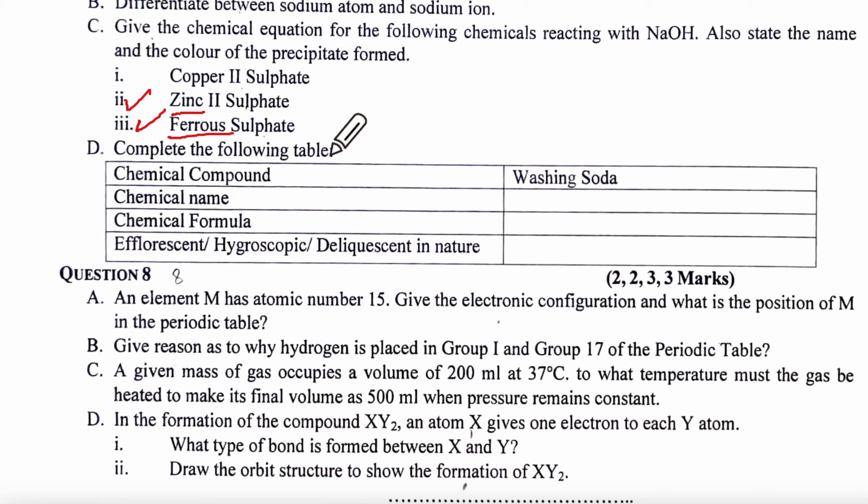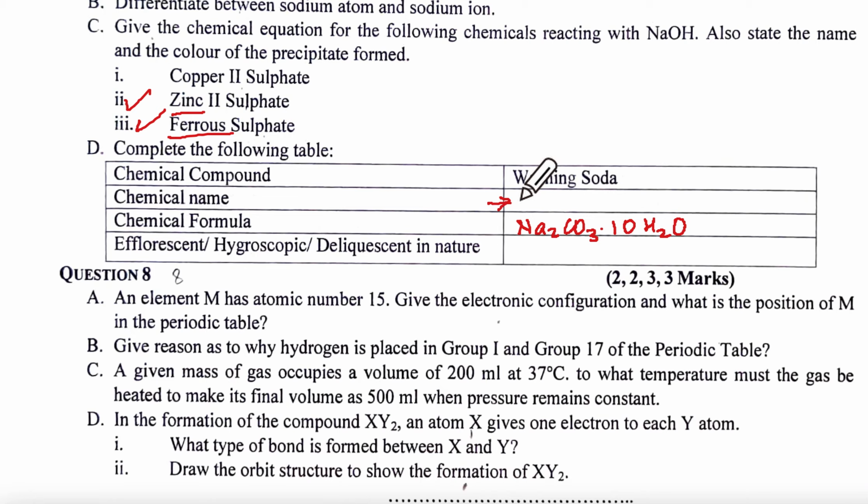Okay, complete the following table. Chemical name, chemical compound, washing soda. Chemical name, chemical formula. Washing soda is Na2CO3.10H2O. What is the chemical name? Tell me. What will I write here? Sodium carbonate decahydrate.